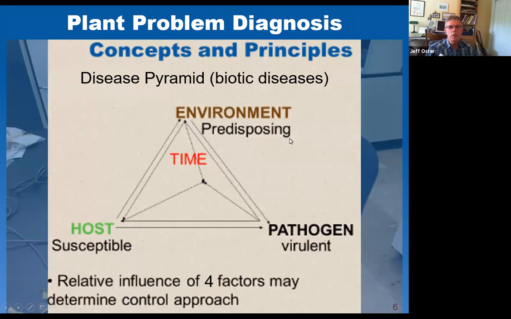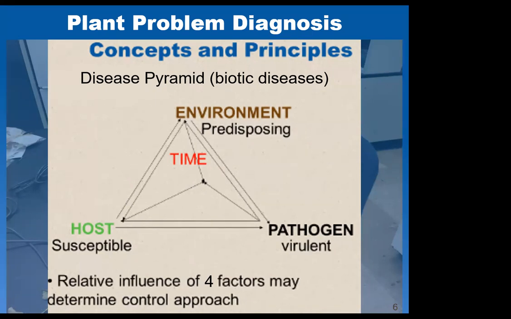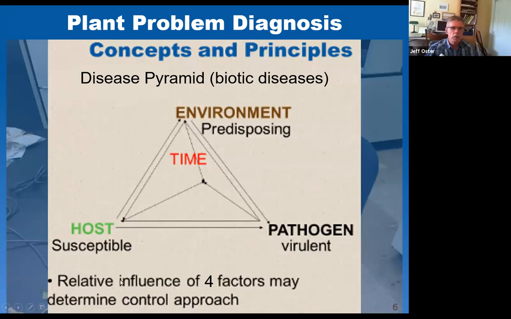Some diseases, for example, may be present under low temperature conditions, but not high. And of course, everything occurs over time. If the disease occurs rapidly and progresses rapidly, you've got to do something right away. If it's slow, it may give you some time to figure out what the heck is going on. So the relative influence of these four factors may determine what control strategy you take.